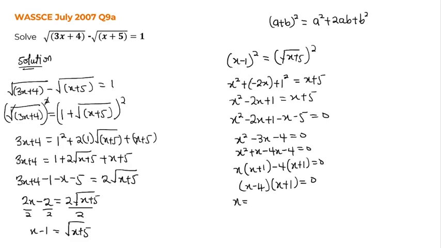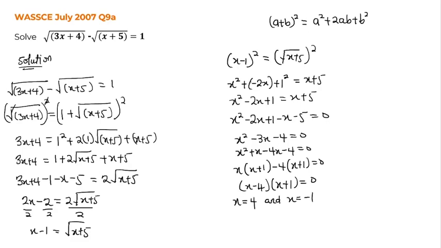So the values of s are s is equal to +4 and s is equal to -1. Now, we don't know which of these two values of s will truly satisfy this equation, so we need to find that out. We do that by substituting the value of 4 back into this equation and the value of -1 back into this equation.